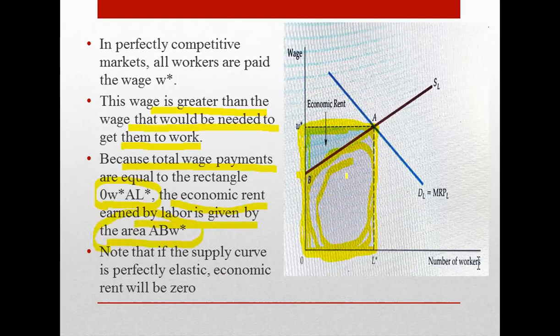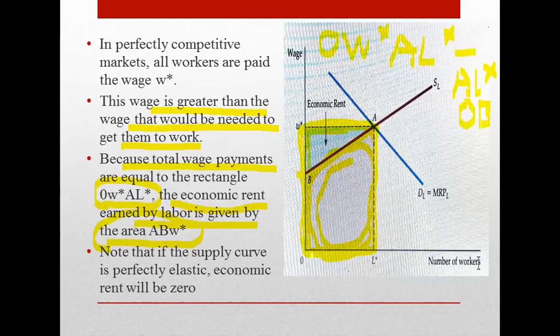Simply speaking, economic rent is the difference between this area, OW star AL star, the total area, minus this area, AL star OB.